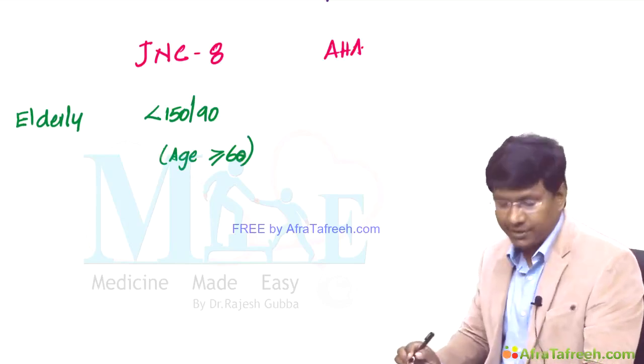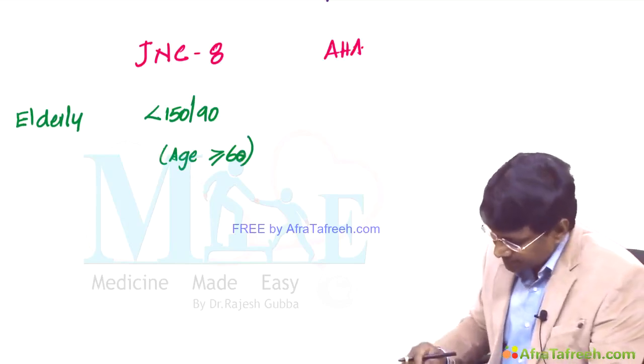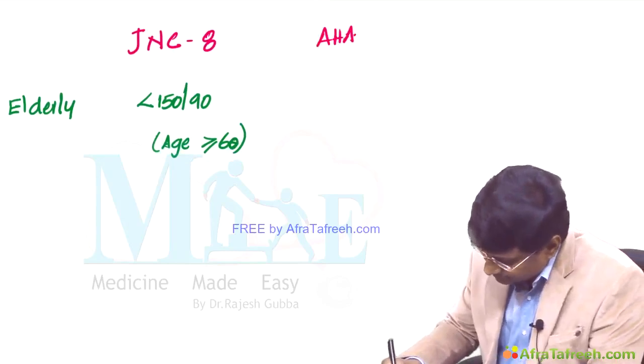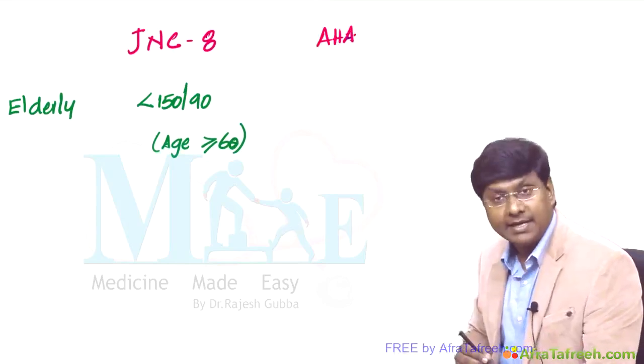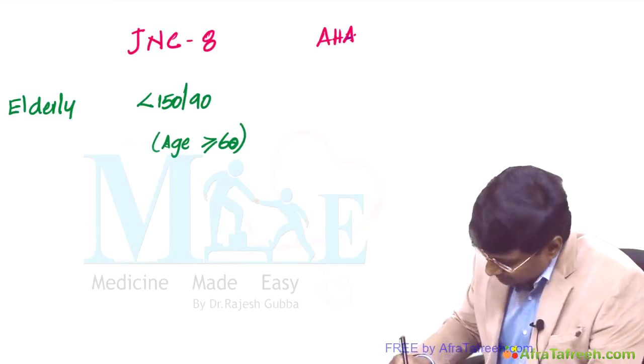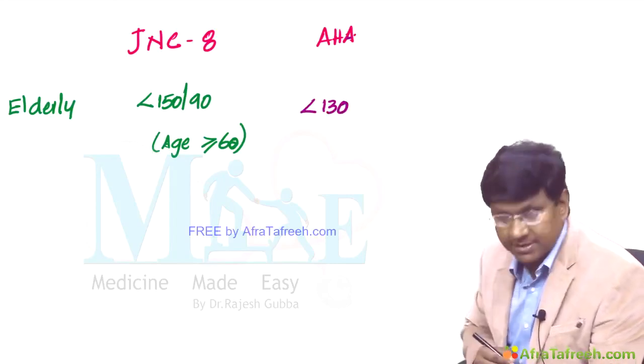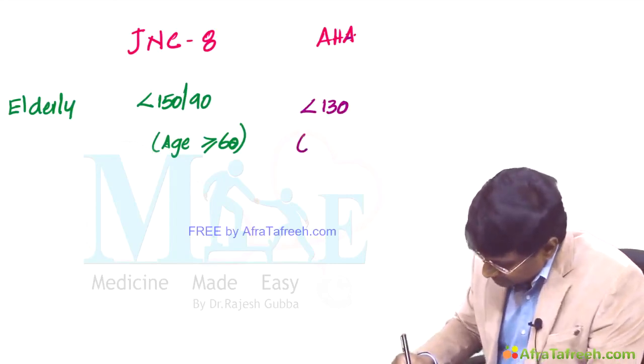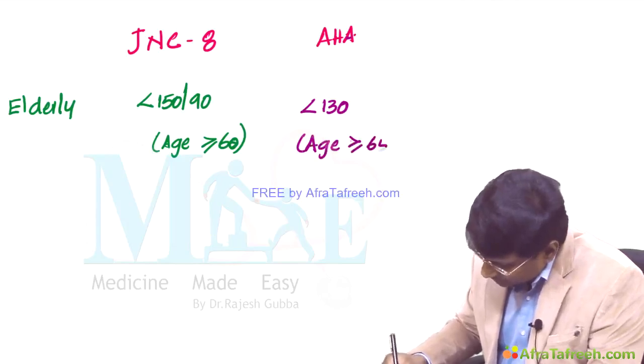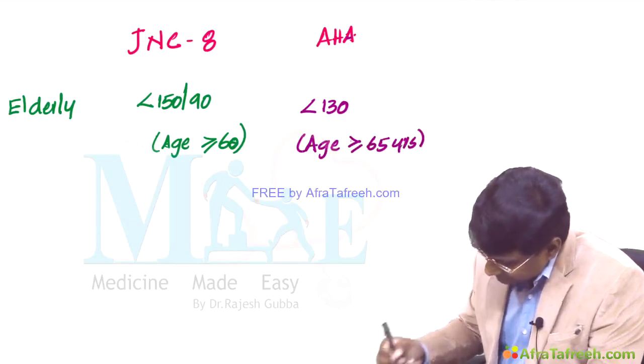You take according to the American Heart Association: in elderly, the cutoff for the blood pressure is less than 130 by 80 millimeters of mercury. And according to the American Heart Association, elderly means age more than or equal to 65 years.